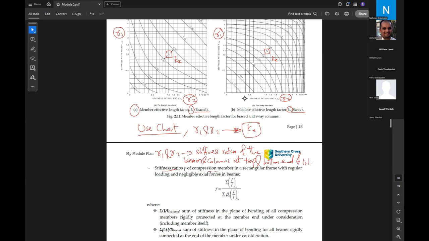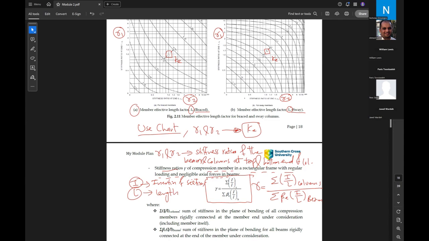So the stiffness ratio, for a compression member with rectangular loading and negligible axial forces in the beam, is equal to this formula: gamma equals summation I over L for columns over summation beta effective I over L for beams, where I is the inertia of the beam and column cross section, and L is the length of the sections.